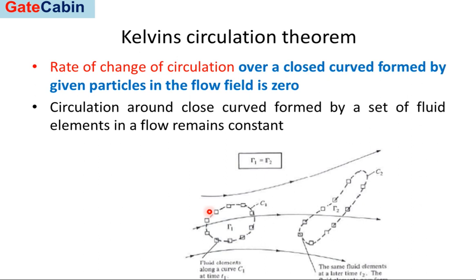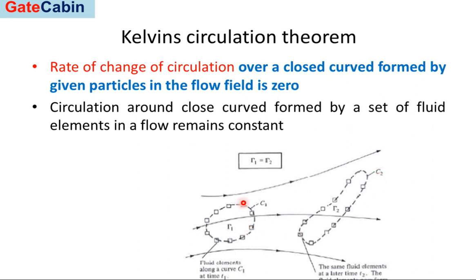As these fluid particles move through the flow field, they change their position, right? But again, if we trace them by means of a closed curve, according to Kelvin's observation, which is based on an experimental setup, the circulation over these particles maintains the same value.